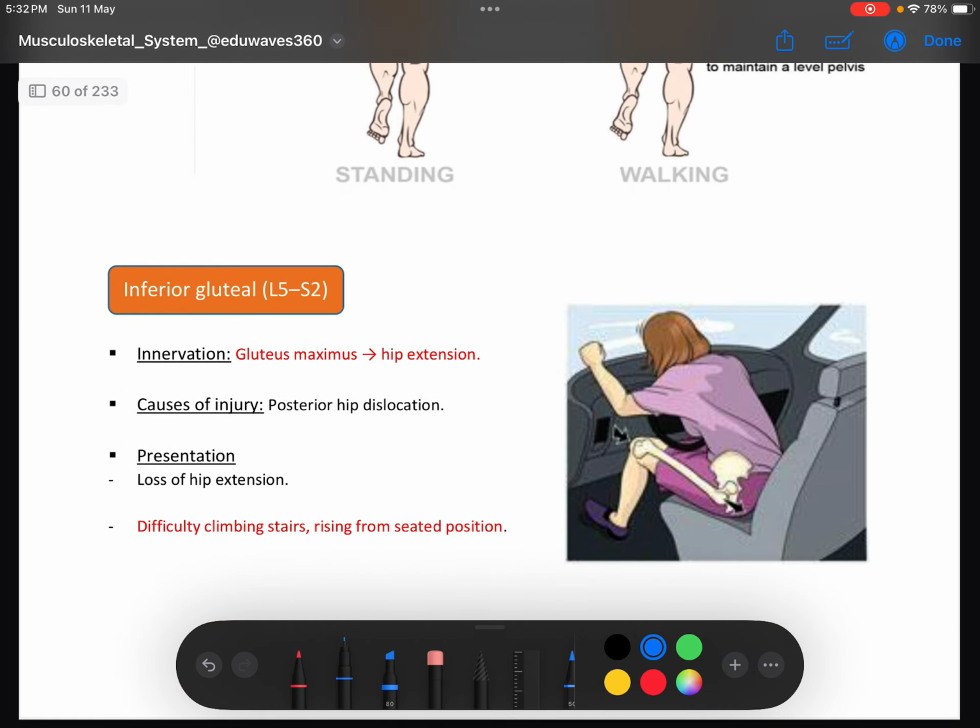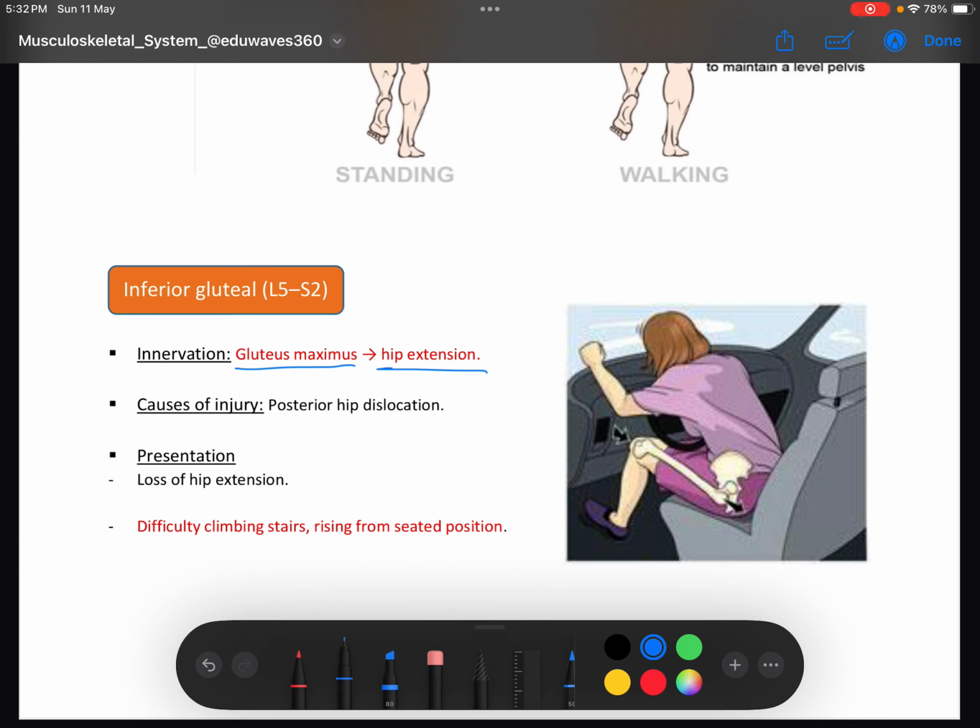In this inferior gluteal nerve, the origin is L5 to S1, S2. The innervation is the gluteus maximus and hip extension. This happens because of posterior hip dislocation, like dashboard injury.